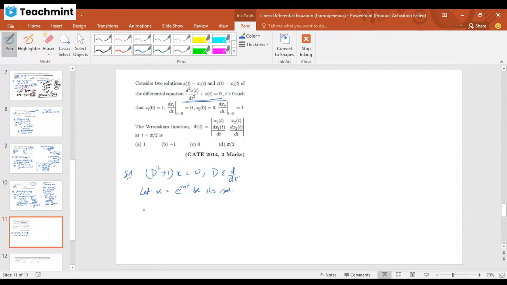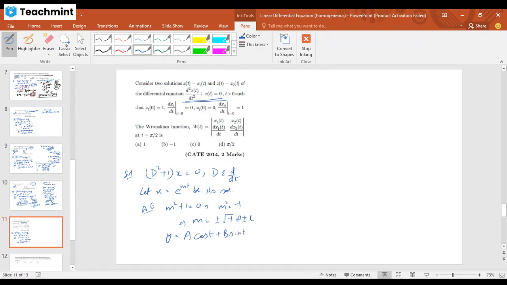So its auxiliary equation is m squared plus 1 equal to 0. So m squared equal to minus 1. Square of a number is negative, it means roots are complex. So the value of m is plus minus square root of minus 1, that is plus minus iota. Real part is 0, imaginary part is 1. So the solution is a cos t plus b sin t.